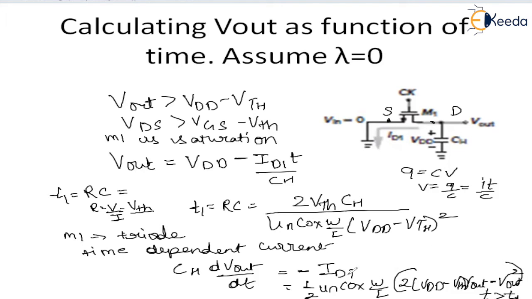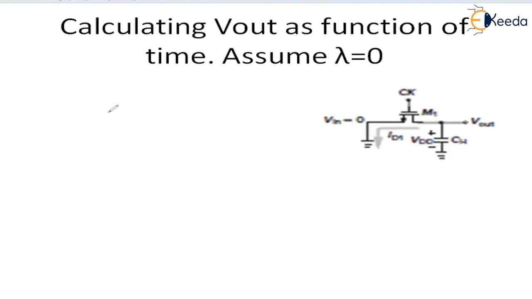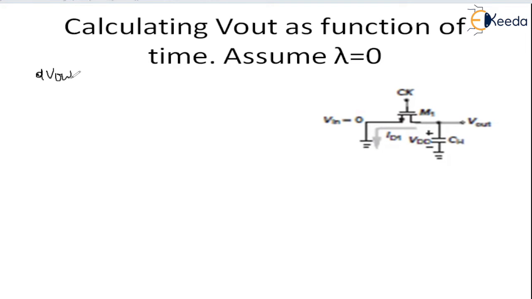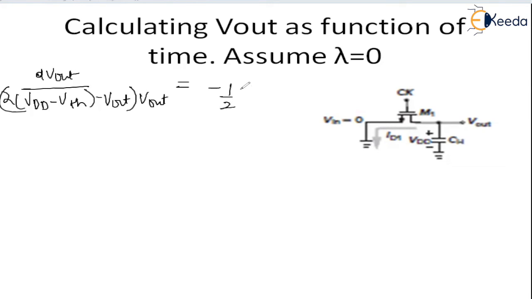We can rearrange these terms and write it as dVout by Vout times 2 VDD minus VTH minus Vout equals half mu n Cox W by L dt upon CH.